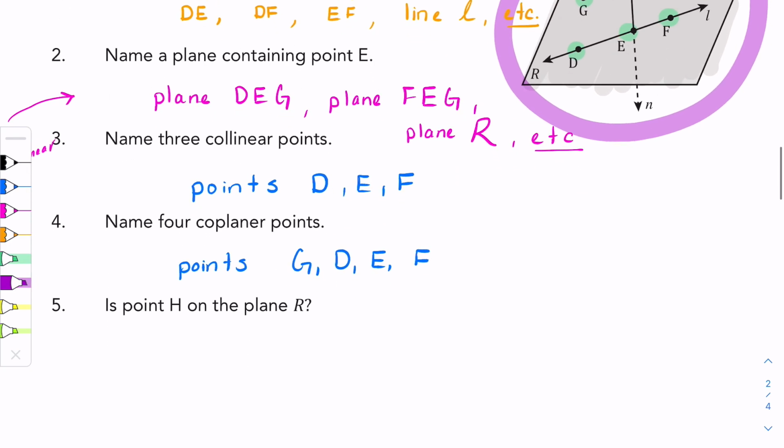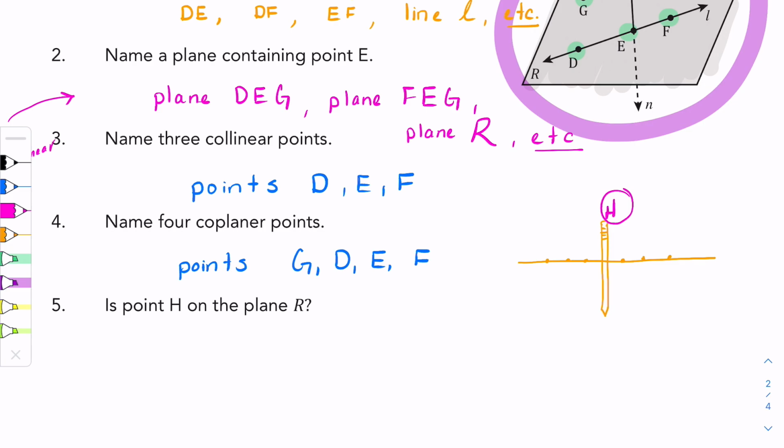Okay, if I was to draw this as a side angle, this would be your plane, your piece of paper, and your pencil is sticking through here. Okay, you have all of your points on this plane, but you have point H up here at the top.